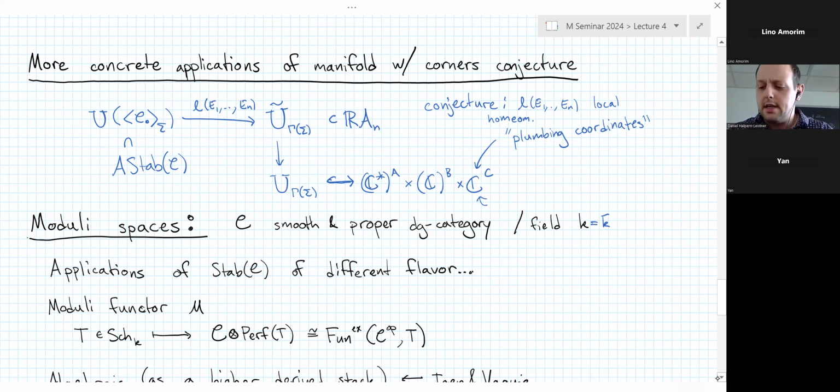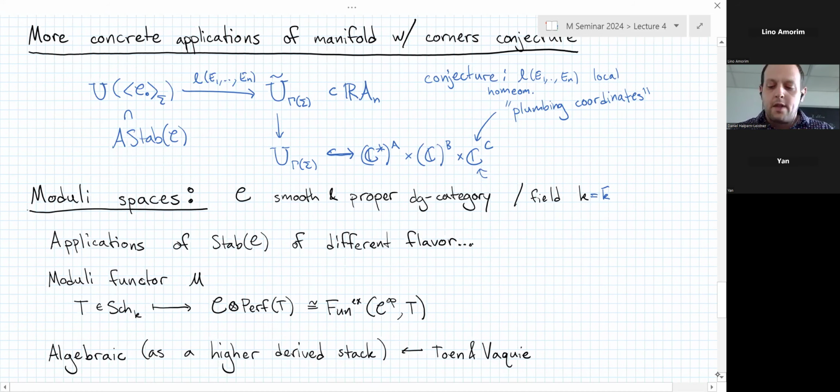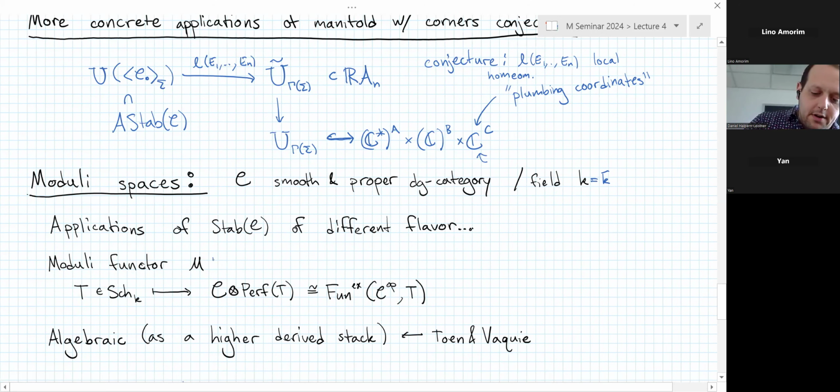I alluded to this in an earlier talk, but basically, if you have this category, you have a moduli functor. So you should think of it as taking schemes to infinity groupoids.